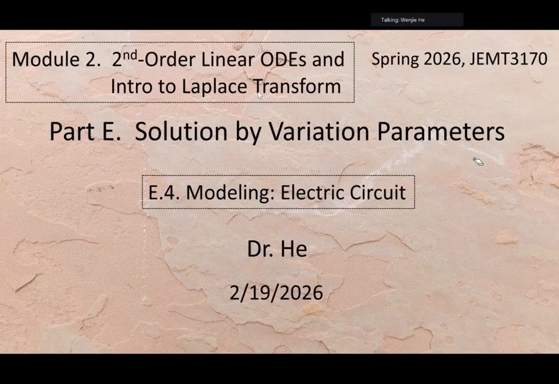Here in this part we will look at the physical laws on that part, because for the Q function I didn't mention any physical laws. I just told you that Q is the integral of the I function. Here we look at that part.